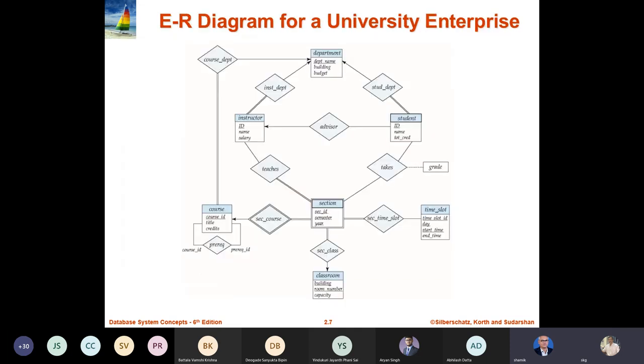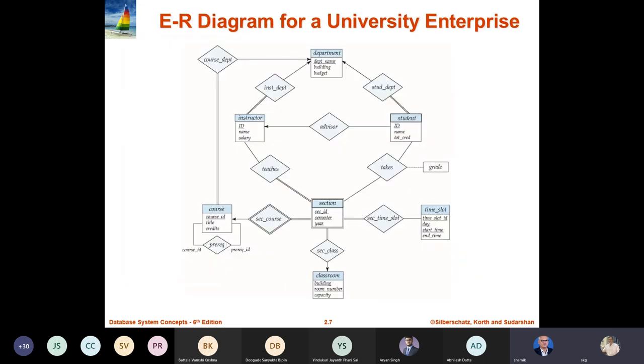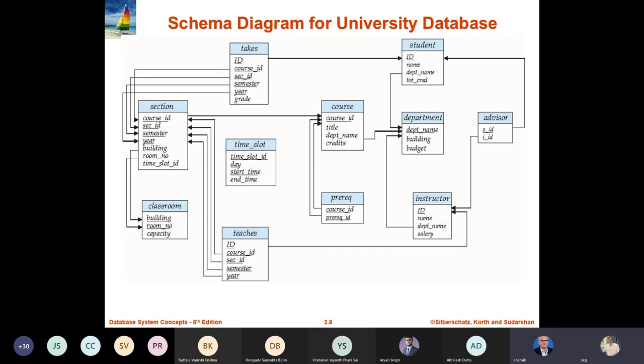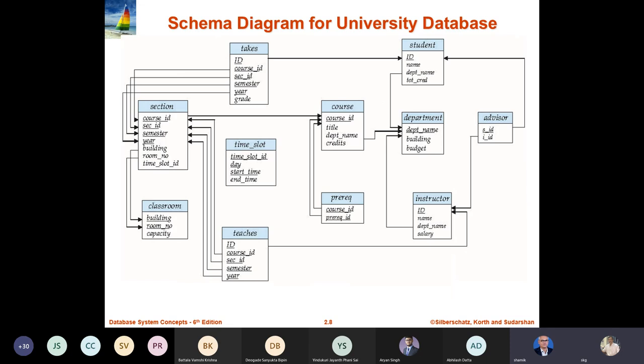Now I can work with these schemas, like student. Takes is a relation. Similarly, teaches is a relation, right?